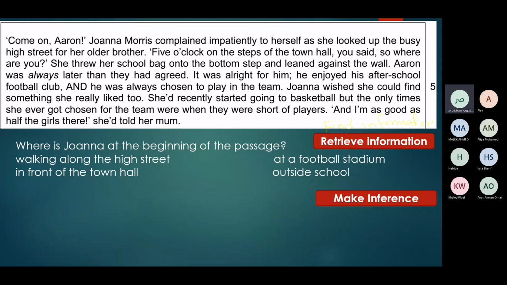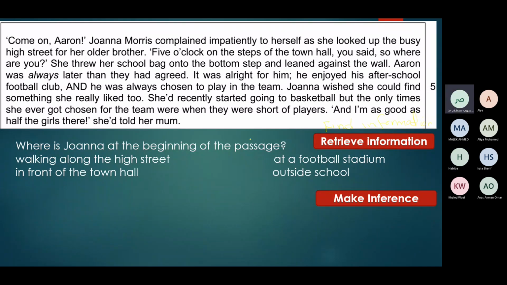Okay, in the first part, it says here, Joanna Morris complained impatiently to herself as she looked up the busy high street for her older brother. For 5 o'clock, on the steps of the town hall. So, what is the specific place in the high street? In front of the town hall.